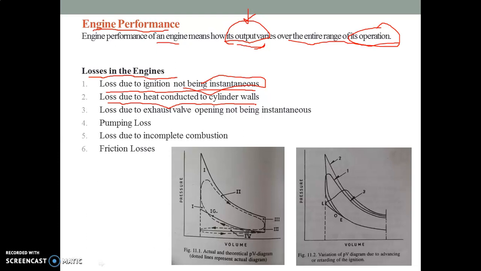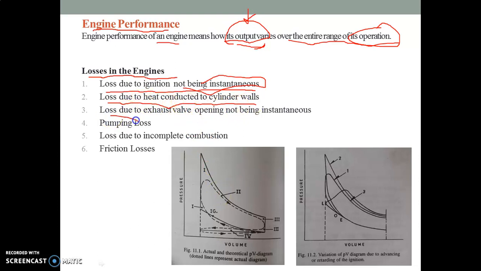This results in power loss that is represented by the area 2 in the dotted line in diagram number 1. That is due to the heat conducted to the cylinder wall.